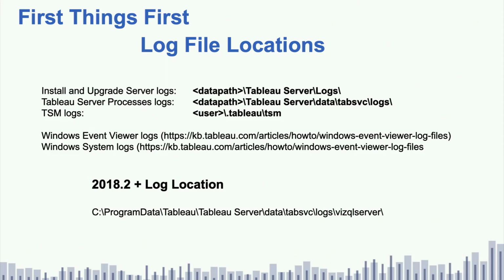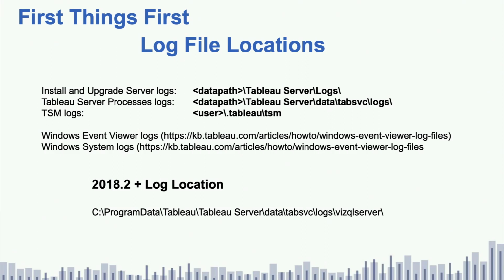Since 2018.2 is released, I'm sure there will be a lot of brand new installations or upgrades. We'll be covering all those sessions. First things first, before we jump into installations, since we are talking about logs, everyone should be aware of the common log locations. As you can see there, one is the admin logs when you're newly installing Tableau Server, and there are also process logs.